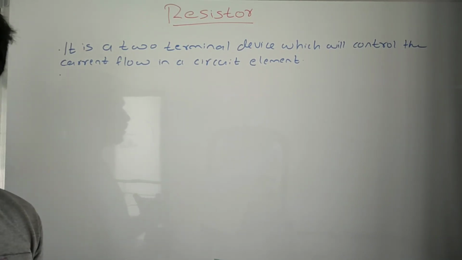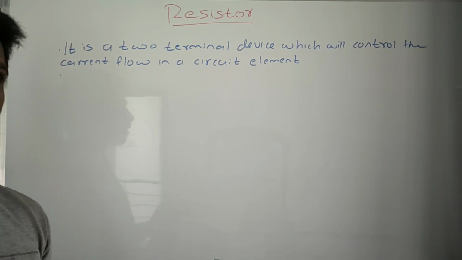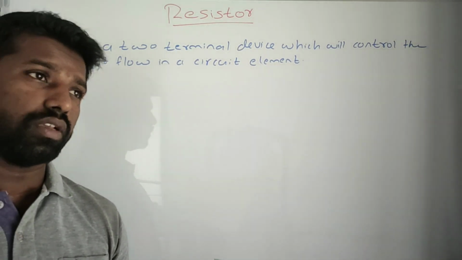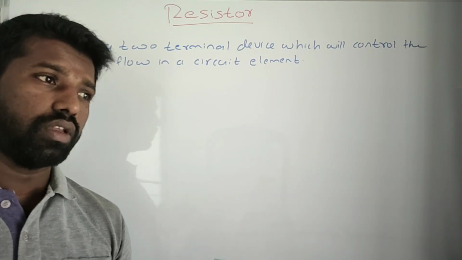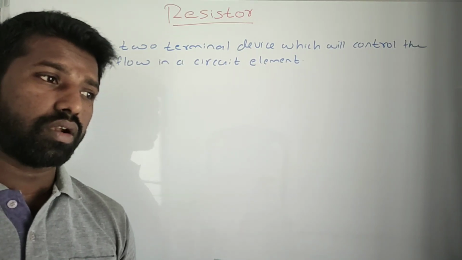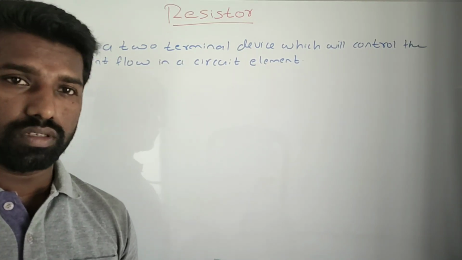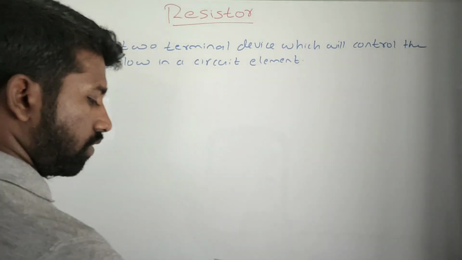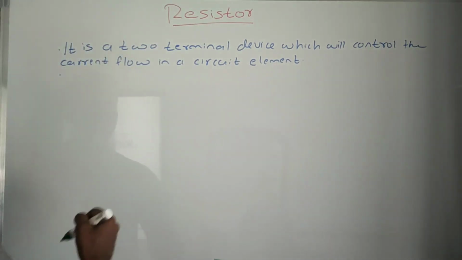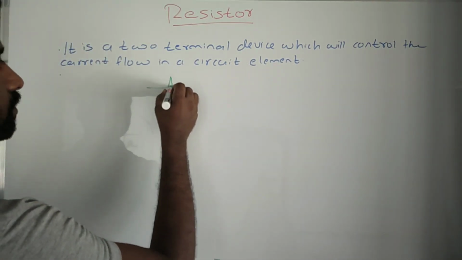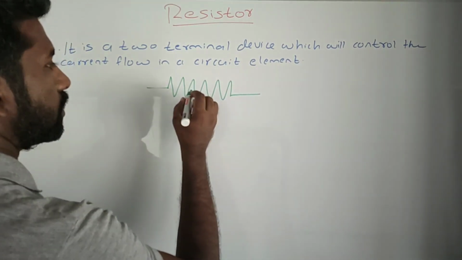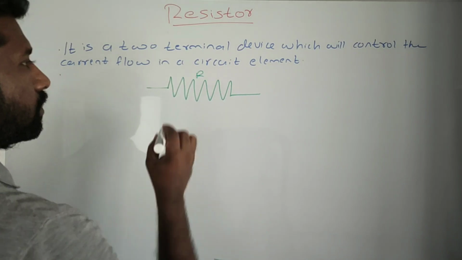If the current is more than its maximum value, that device will be damaged. So we need to limit the current flow through the devices. For that we are using a resistor. And the symbol for the resistor that we normally use is like this. This is the resistor. Okay, clear?